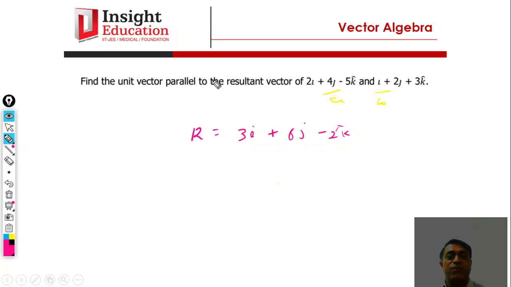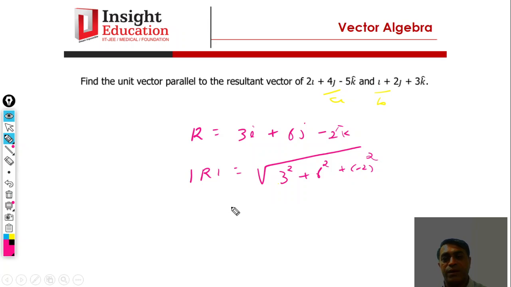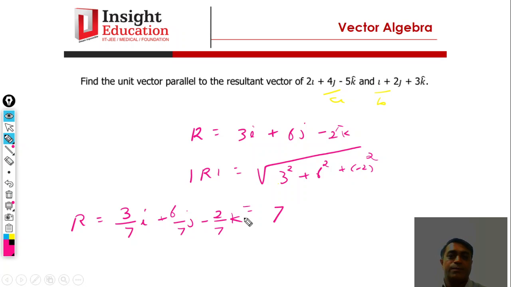We have to find the unit vector, so divide this vector by its magnitude. The magnitude is under root 3 square plus 6 square plus minus 2 square, so 9 plus 36 plus 4, 49, so that is 7. So unit vector R is equal to 3 by 7 i plus 6 by 7 j minus 2 by 7 k. So very simple.